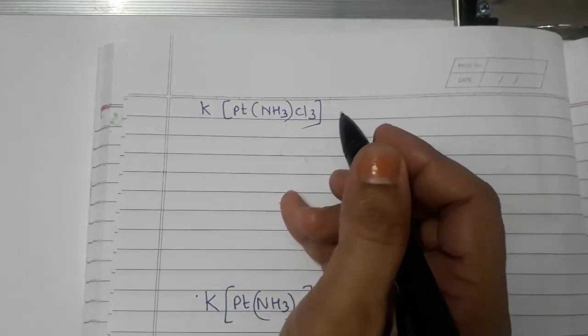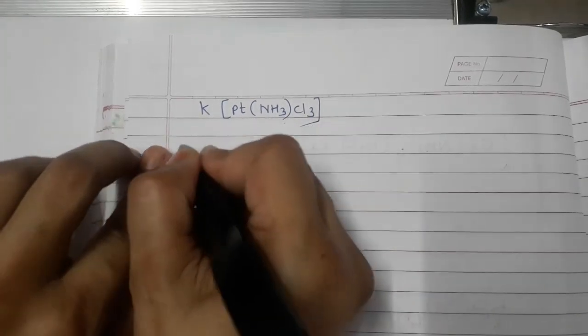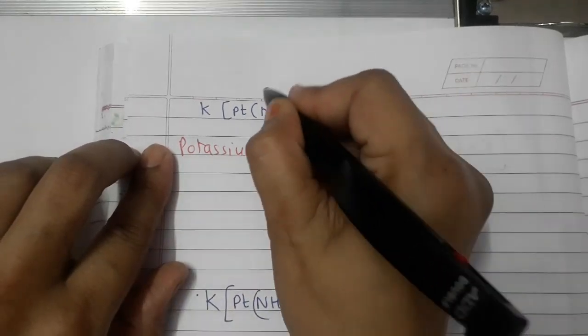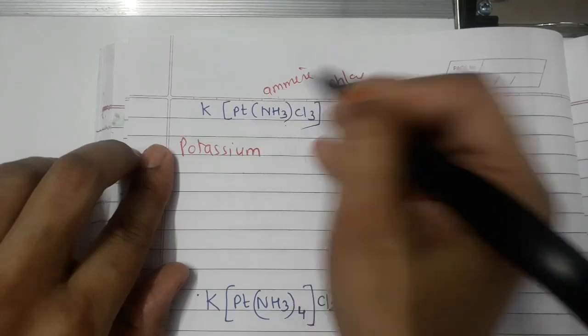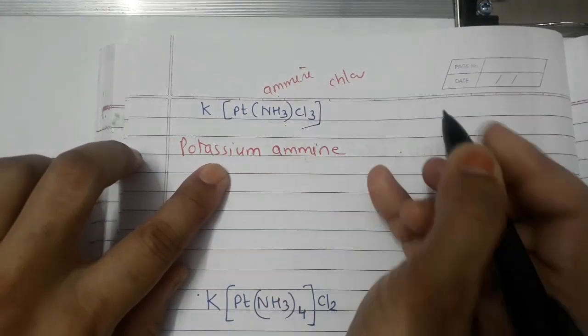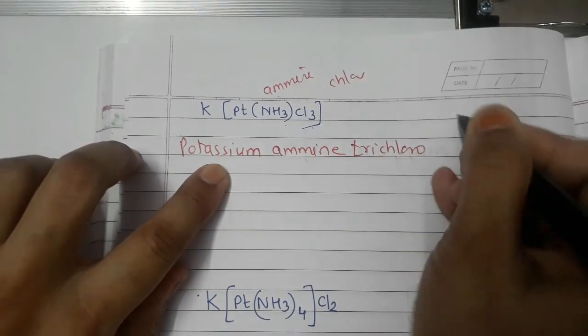Now this is of the type of cation and anion. So the name would be potassium. This is amine, and this is chloro. So amine comes first. So we'll write potassium, amine. Chloro is 3, trichloro.